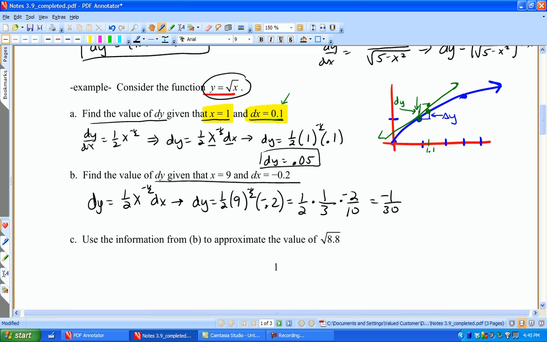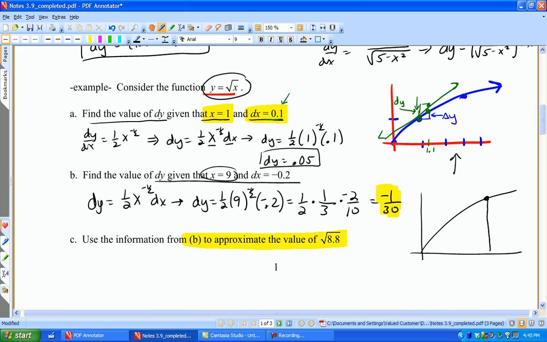Now, it says to use that value to approximate the value of the square root of 8.8. Let me show you that picture again, but let me zoom in closer, around x equaling 9. So I have this curve here, and let's suppose I'm way out here at x equals 9. What differentials do, to make sure you understand, is they use a tangent line to approximate a change in y.